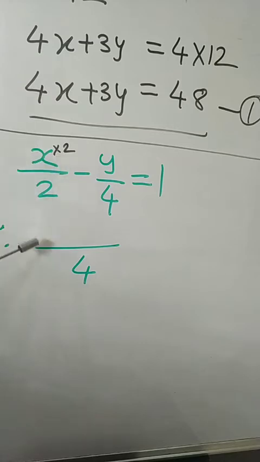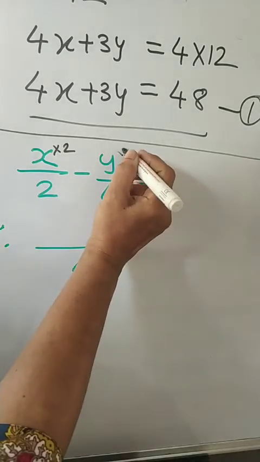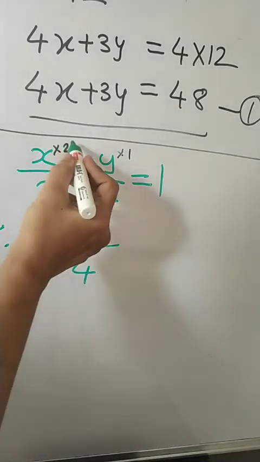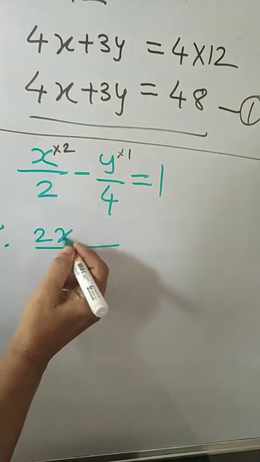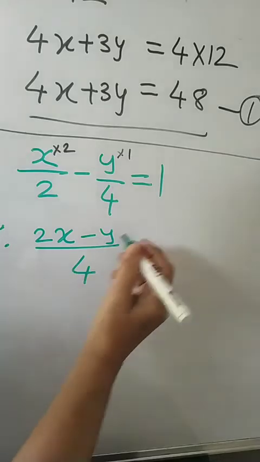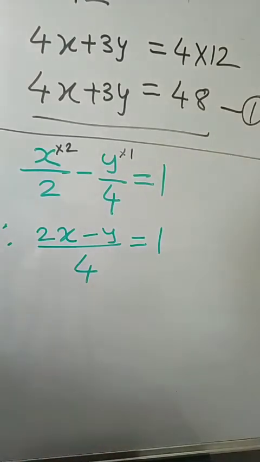You can directly write 2x over here. 4 ones are 4. So, how many times will you multiply y? Multiplied by 1. And this gives us the numerator 2x minus y is equal to 1.